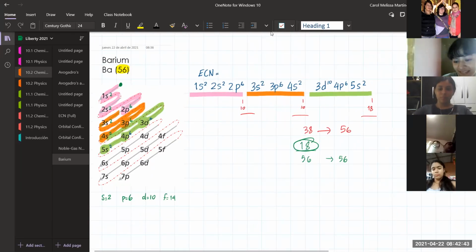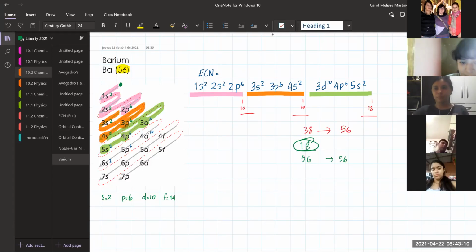So I continue with my tree, and remember that D is 10, that P is 6, and that S is 2. So in my next step, I follow the dash line, and then I copy the rest of my configuration.